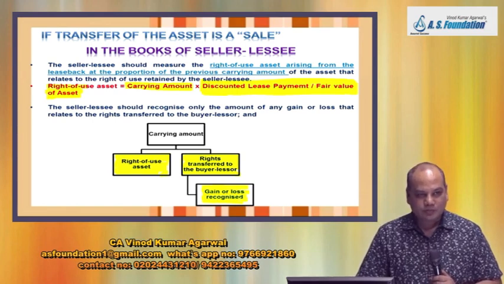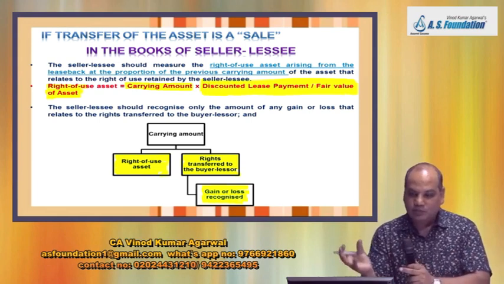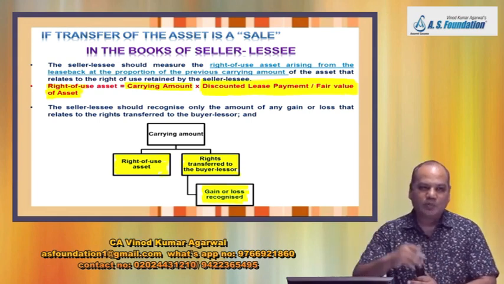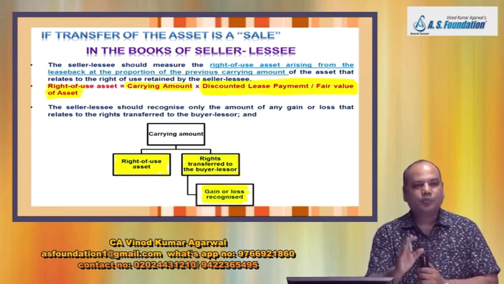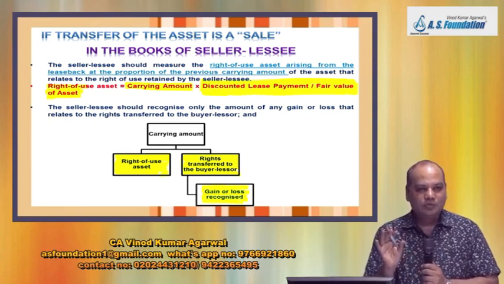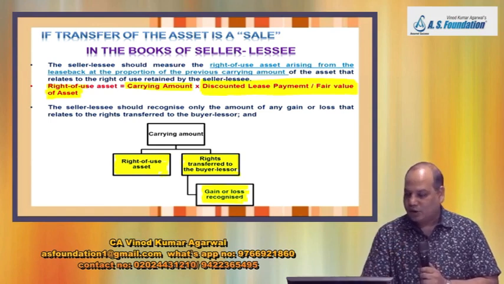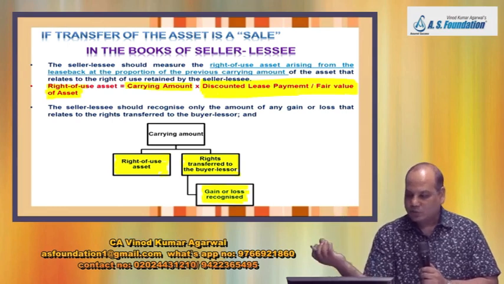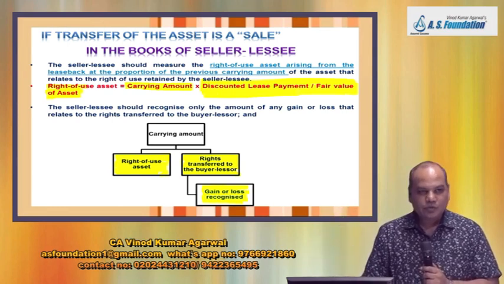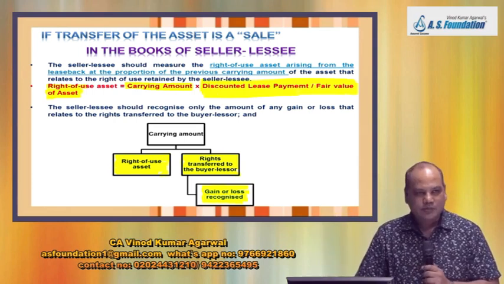First point is to de-recognize the carrying amount of the asset. That is easy, whatever is the carrying amount, credit, but that will be substituted by a right of use asset equal to a proportion of the carrying amount. That is how much right we have retained in that asset. The right we have retained is the ratio of present value of lease payment upon fair value of the asset, which means the remaining right in that asset I have transferred.